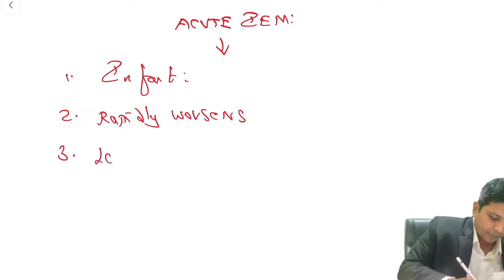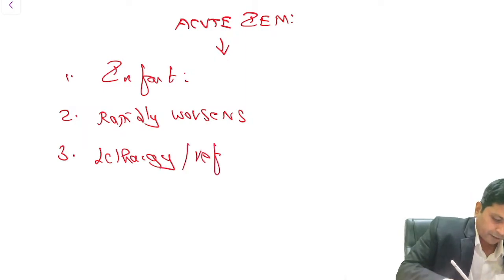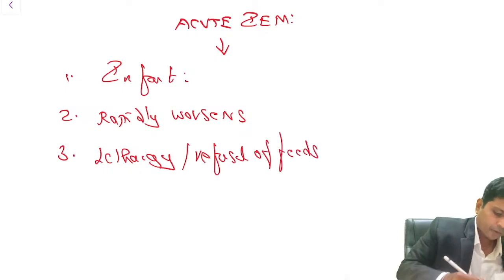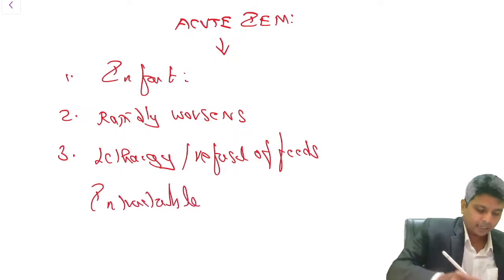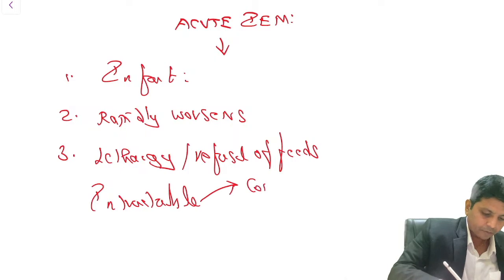In the form of lethargy, refusal of feeds, intractable, meaning uncontrollable, convulsions.